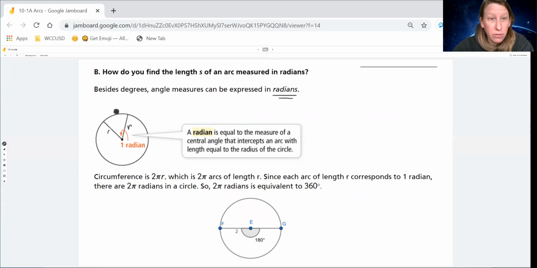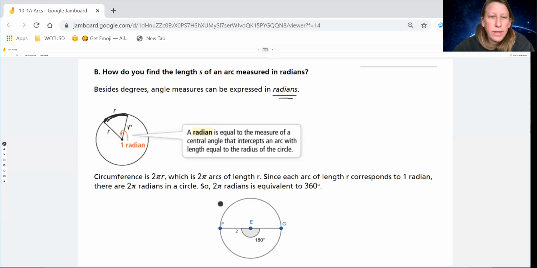Well, if all three of these are the same, then the measure of this angle is called 1 radian. It takes 1 radius for this circle to turn from here to here.